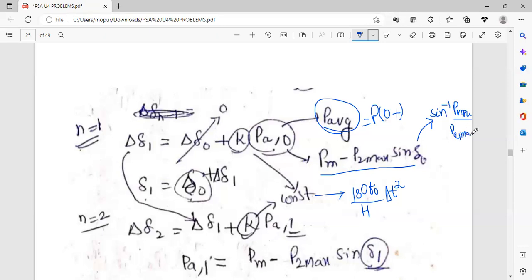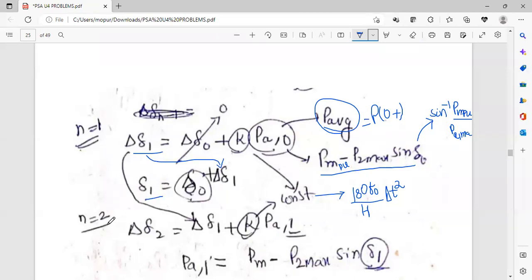This is also in per unit. So you will get del 1. You substitute this del 1 value here, and del naught plus del 1 will give you del 1.